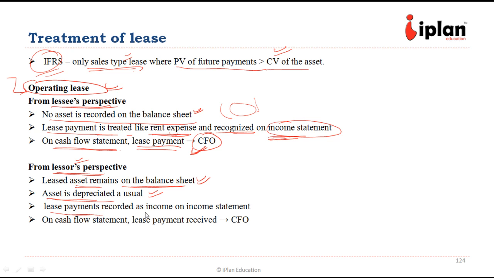Same as here, in the case of the lessee it was an expense, and in the case of the lessor it is income, both on the income statement. And similarly on the cash flow statement, it will be considered as cash flow from operating activities. For the lessor it will be cash inflow, for the lessee it will be cash outflow. Now let us look at the impact of finance lease and operating lease on financial statements and different ratios.